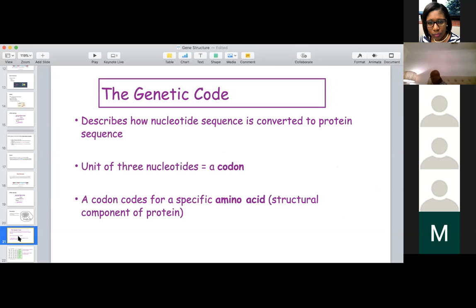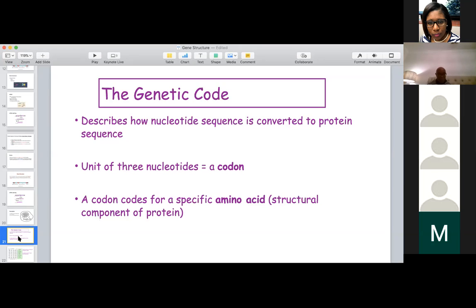Okay, so how do we go from DNA sequences to amino acids? We use the genetic code. Write down this term, genetic code. The genetic code describes how nucleotide sequences in our DNA are converted to protein. So we read those nucleotide sequences in groups of 3, and that creates a codon.